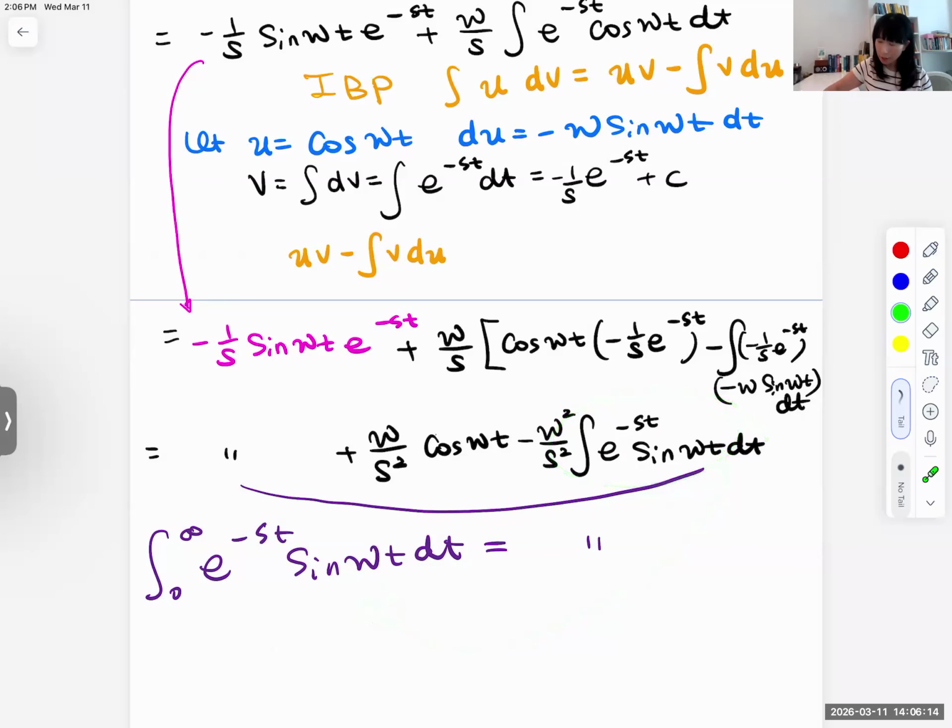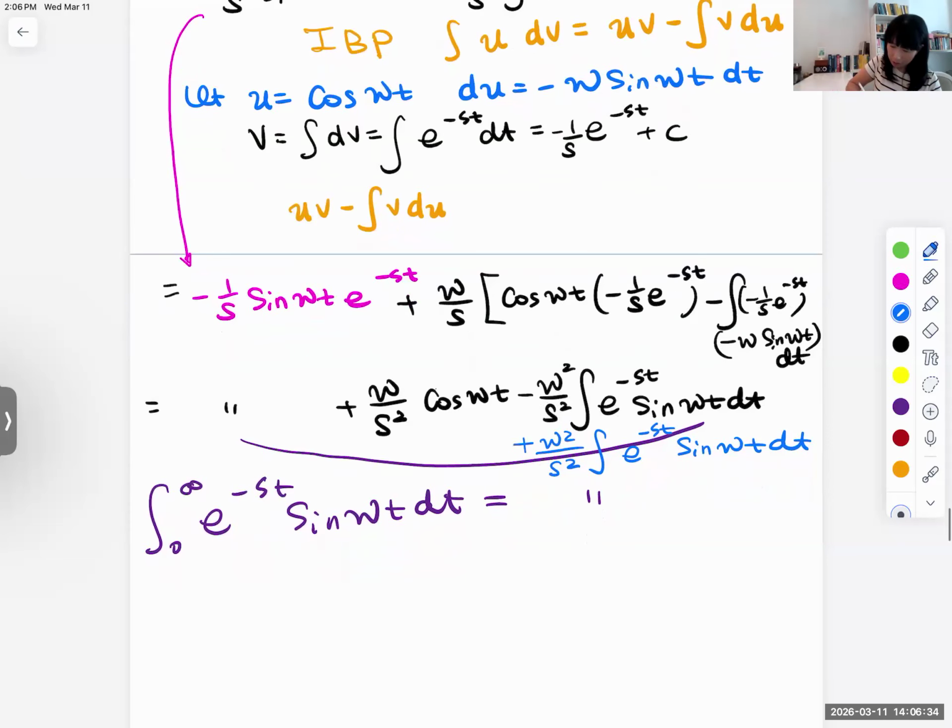So we will have positive omega squared over s squared times the integral of e to the negative st sine omega t dt. Yeah, so that is 0.